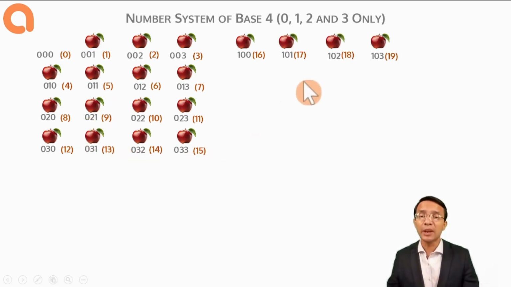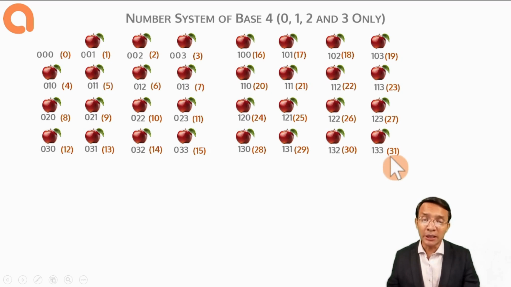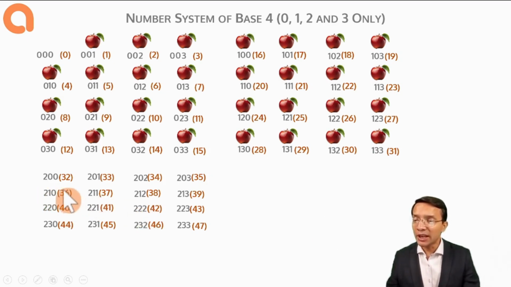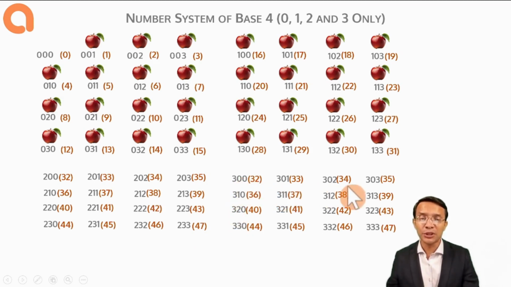And proceeding in this way, we can now write the 17th apple like this, the 18th apple like this, and so on up to the 31st apple as 133, and keep proceeding like 200, 201, 202 and up to 233, 300, 301, 302, 303 and up to 330, 331, 332 and 333 for the 47th apple, when we are finished with numerals for 3-digit numbers of base 4.